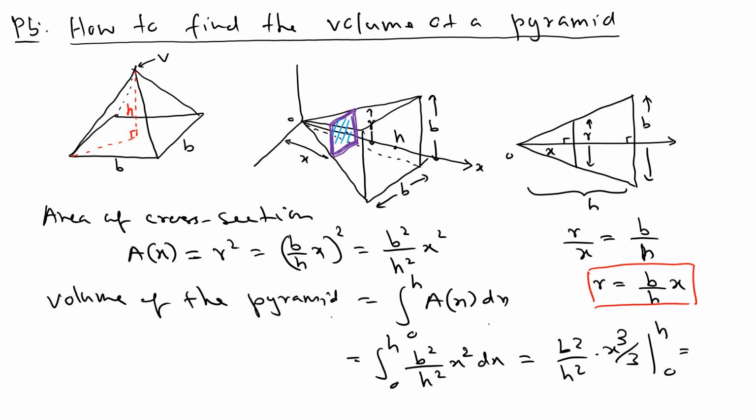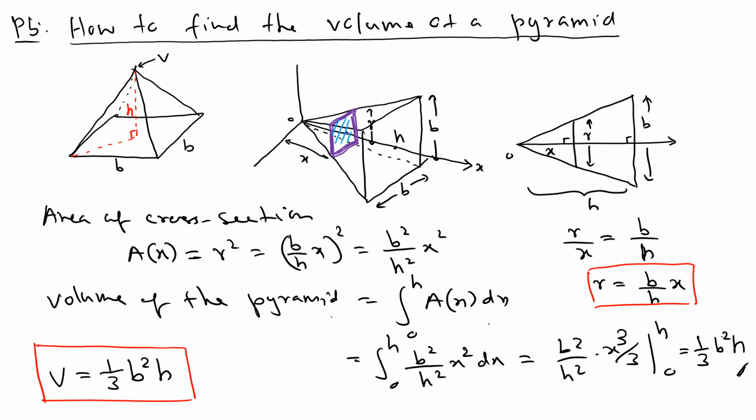You get 1/3 b squared h as the formula. So the volume is 1/3 b squared h. You can remember this as the formula for the volume of a pyramid.